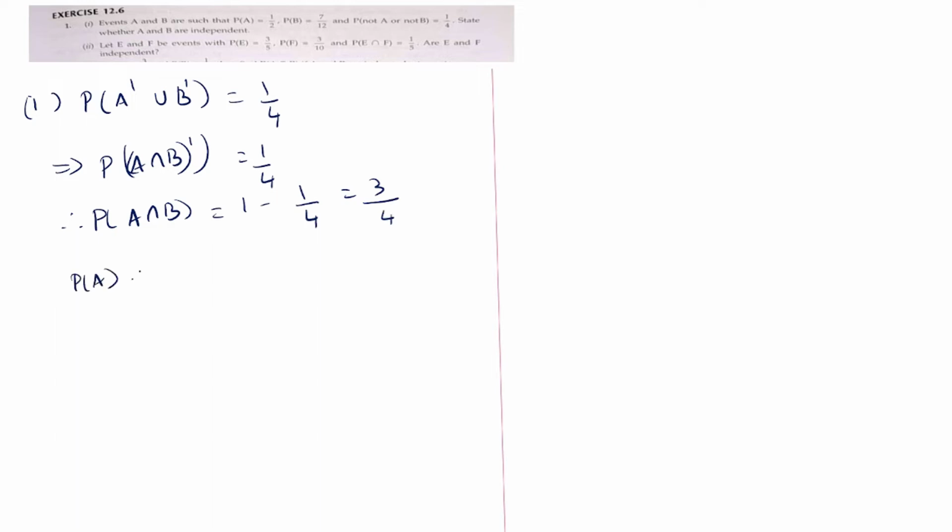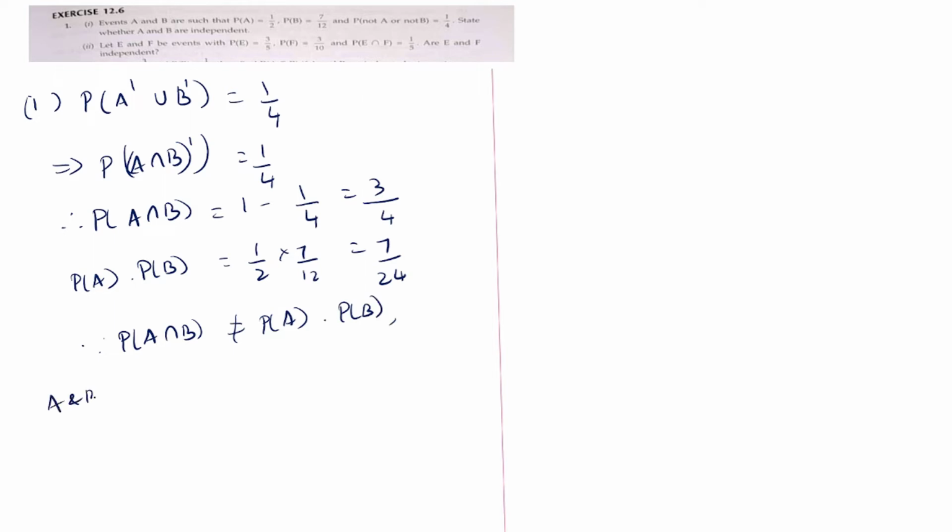Now, probability of A into probability of B is equal to half into 7 by 12, so it is 7 by 24. Now, we can see that probability of A intersection B is not equal to probability of A into probability of B. Therefore, A and B are not independent.